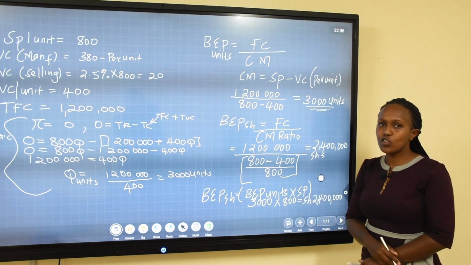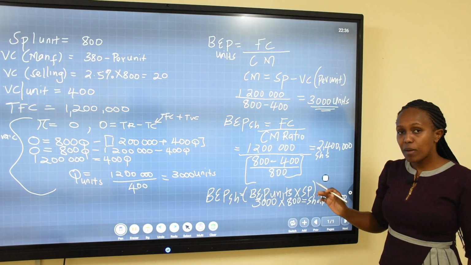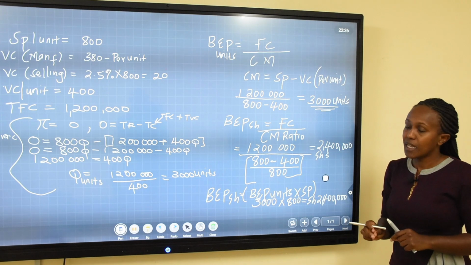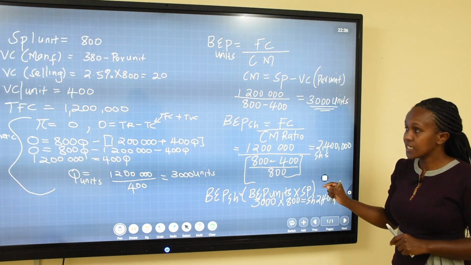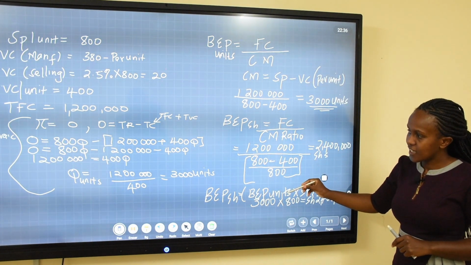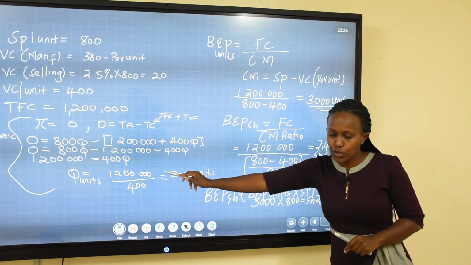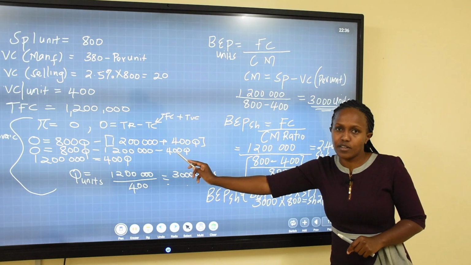So that is the first question. We have done just one part of our question. The first part was asking us simply to get the break-even point in units and in shillings. And we have agreed that we can use the algebraic approach where we look for Q, the unknown.